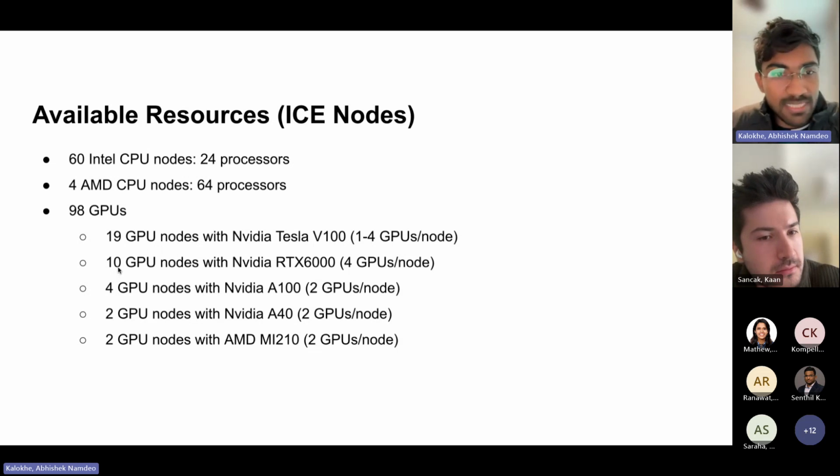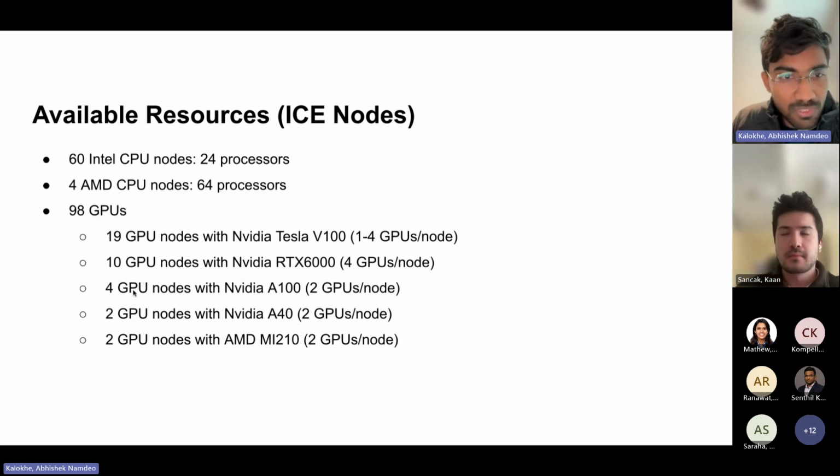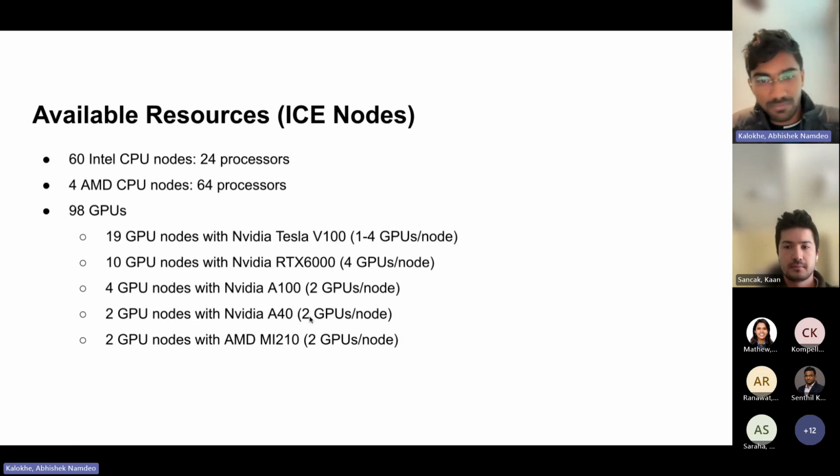Then 10 GPU nodes with NVIDIA RTX 6000 and 4 GPUs per node, 4 GPU nodes with NVIDIA A100s, 2 GPUs per node, then 2 GPU nodes with NVIDIA A40, and similarly AMD MI210.